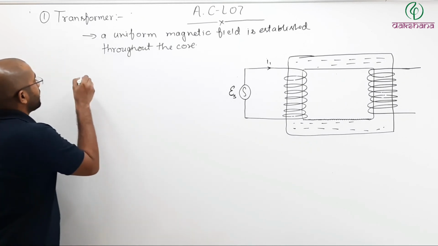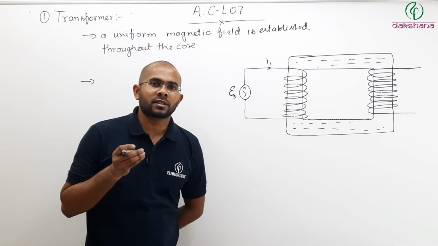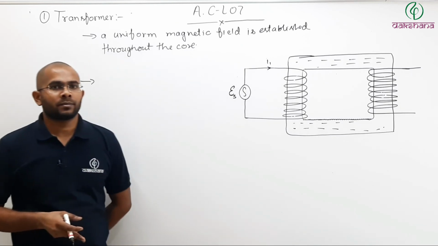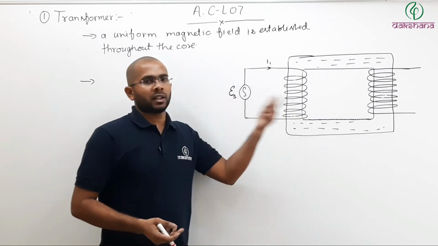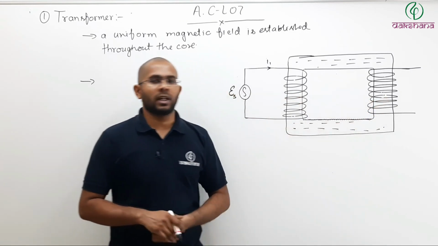Okay. Now since throughout the soft iron core the magnetic field is the same, then what will happen? Let us talk about one turn of this coil and one turn of this coil.